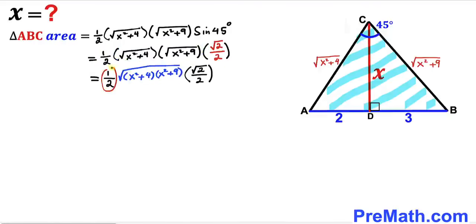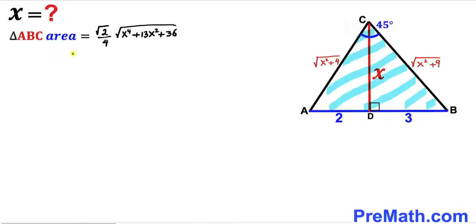Multiplying 1 divided by 2 and square root of 2 divided by 2 gives square root of 2 divided by 4. Multiplying the two binomials gives x power 4 plus 13x square plus 36. So the area of triangle ABC is square root of 2 divided by 4 times the square root of x power 4 plus 13x square plus 36. I'm going to label this as equation number 1.